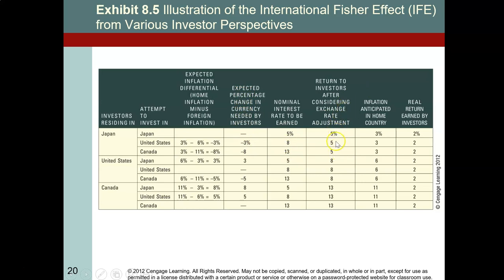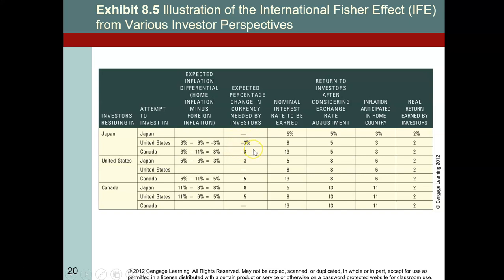For Japanese investors, no matter which country they invest in, even though the interest rate is higher if they invest in the US or Canada, because of the higher inflation rate in the US and Canada as well, we'll have a currency depreciation.